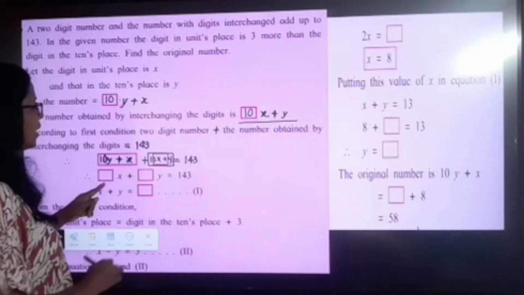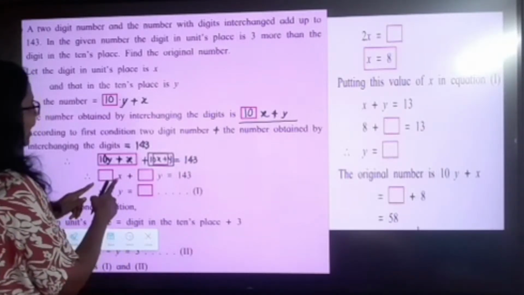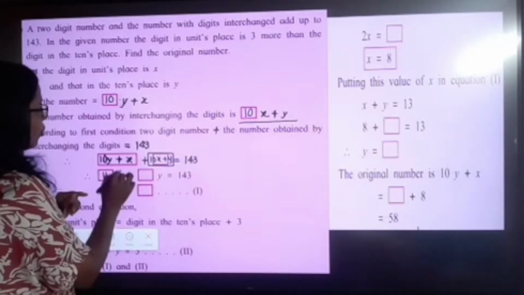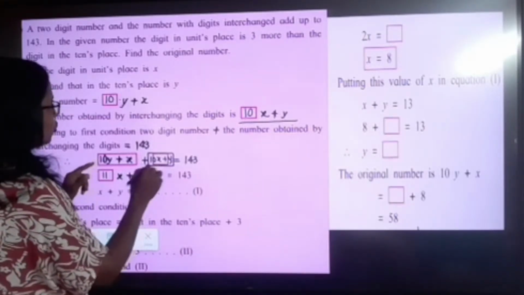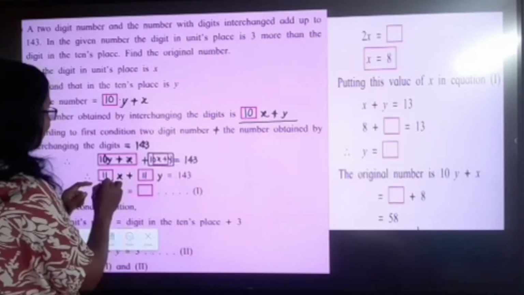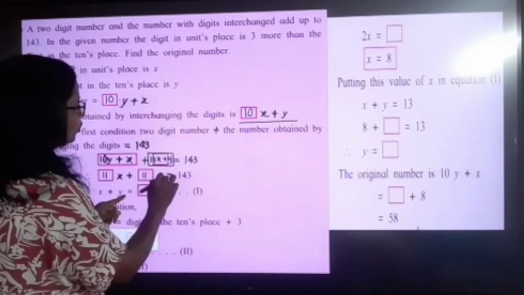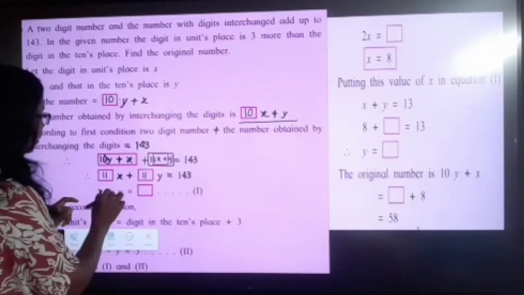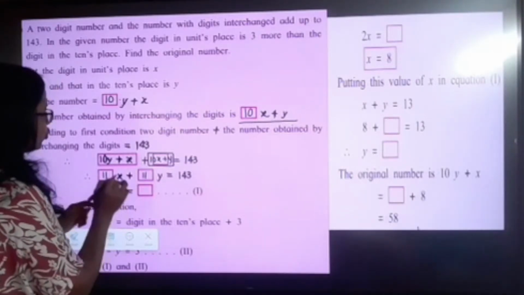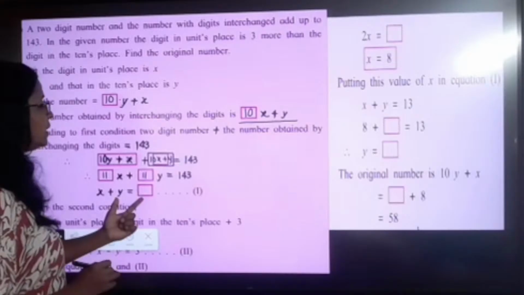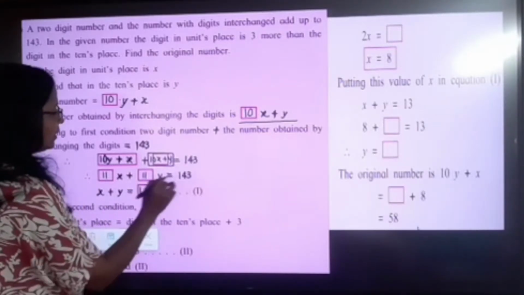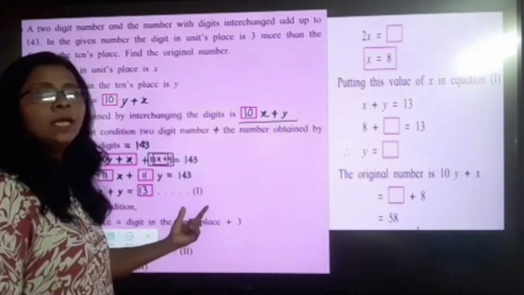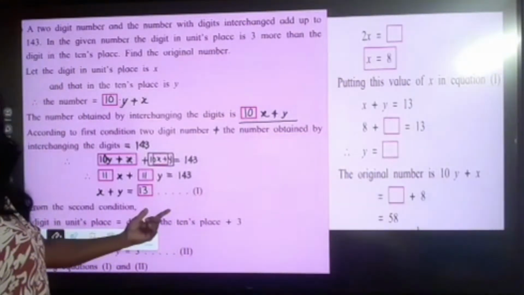Then students, after solving, the coefficient of x will be 11 and the coefficient of y will also be 11. So 11x plus 11y is equal to 143. Dividing both sides by 11, we get x plus y is equal to 13, call it the first equation.